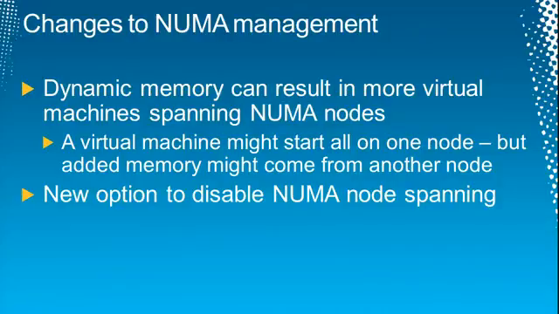Why? Because maybe memory is available on the other NUMA node, but your virtual machine is on the first NUMA node, and you've told it don't go across nodes to get memory. So you might have available resources, but because you've disabled this option, it's not using it. So this is really a consolidation versus performance benefit. We give you the option to go either way.